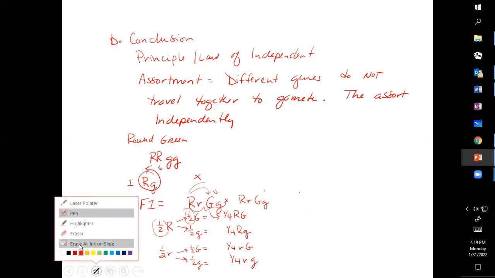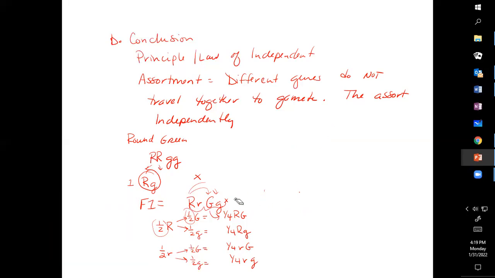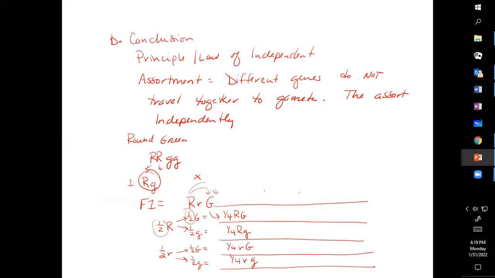And actually, let me go back and erase this again and set up my Punnett square right here. So these would be the gametes produced by one parent. And then the gametes produced by the other would be in the same frequency because they have the same genotype.